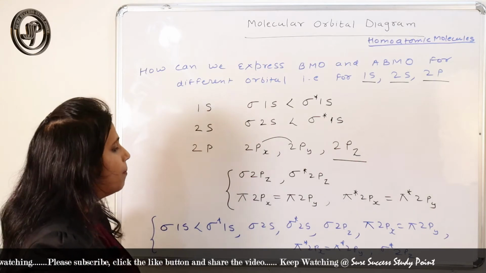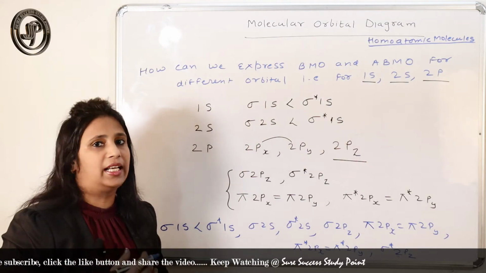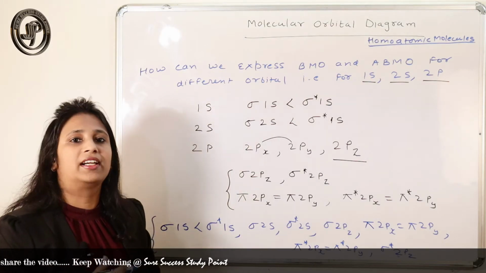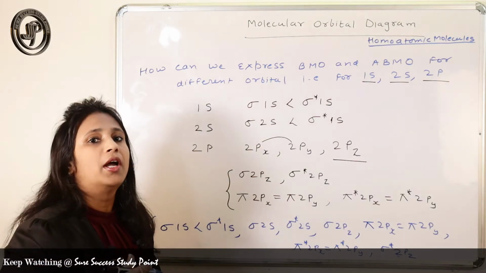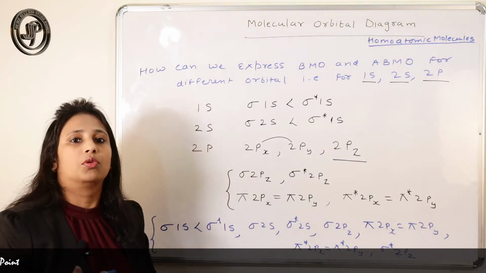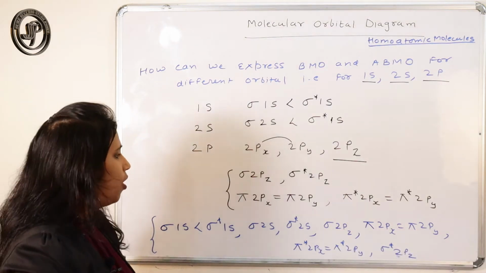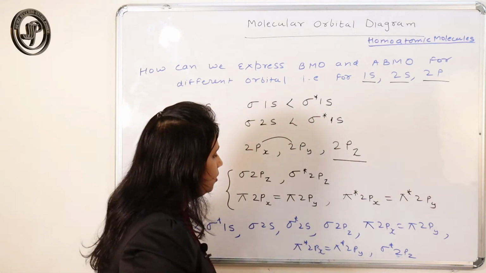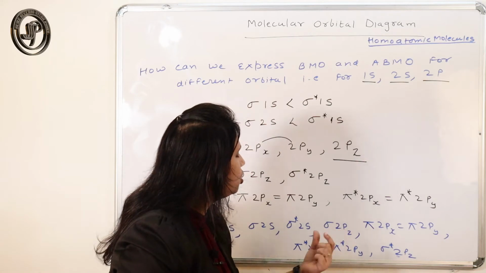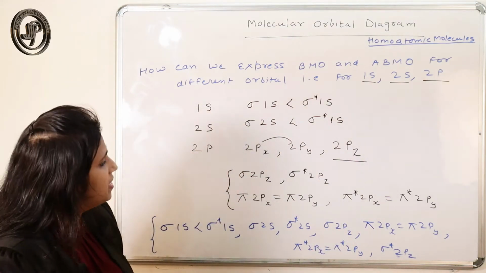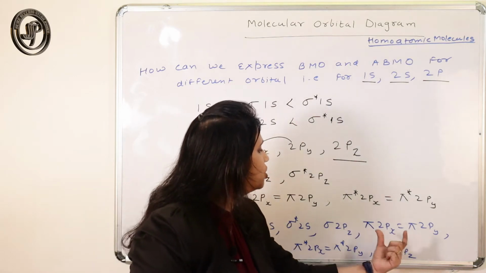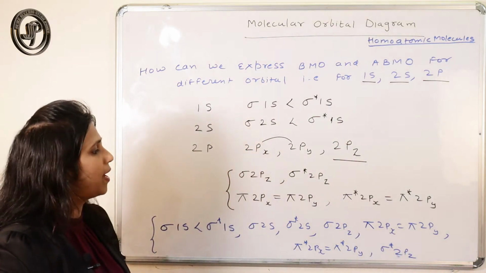If the number of electrons is less than or equal to 14, as in the case of C2, N2, Be2 and so on, there is an exception: the energy of sigma 2pz becomes slightly more than the energy of pi 2px and pi 2py.